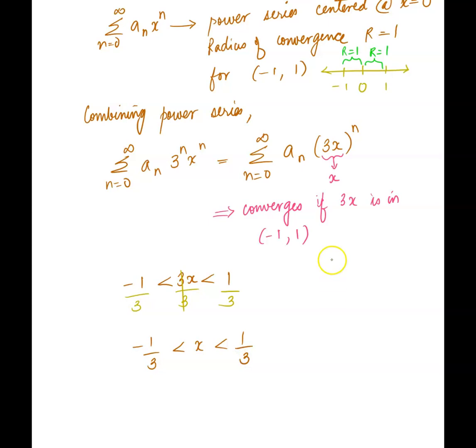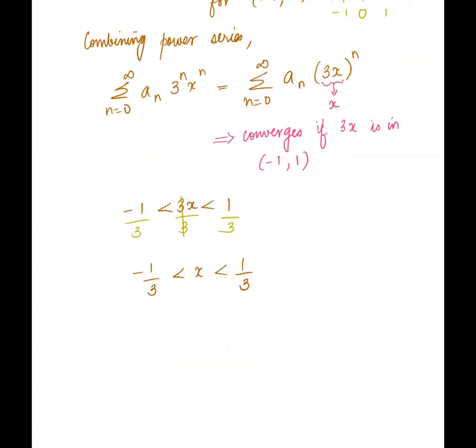We always have to give our interval of convergence in terms of x, because the number line simply is in terms of x. It's not in terms of 3x. So even though our problem resulted in 3x, we use that to find the new interval and make sure that we rewrite in terms of x. This implies the interval of convergence is -1/3 to 1/3.